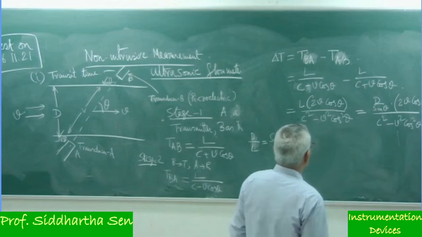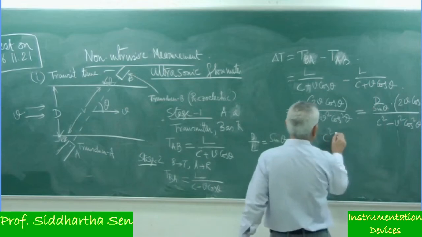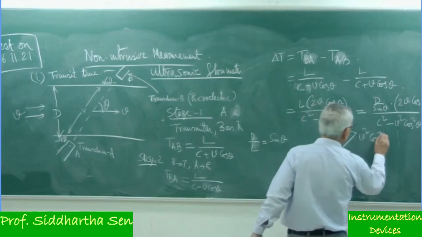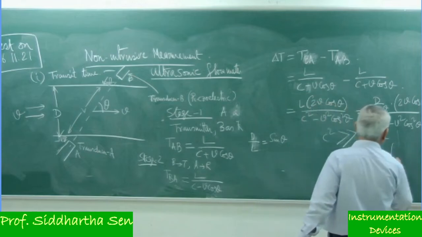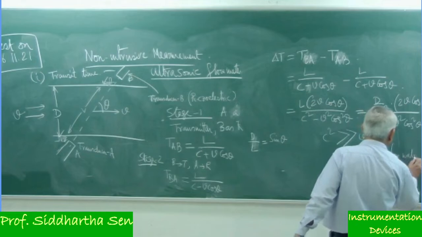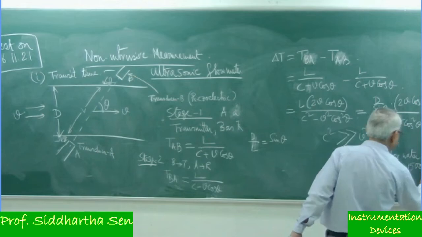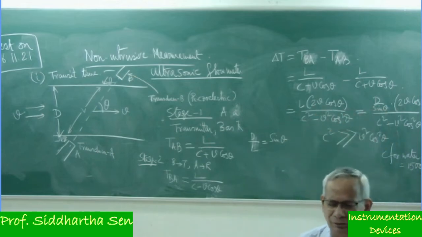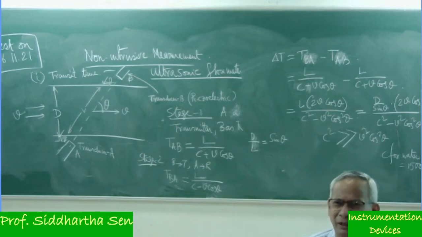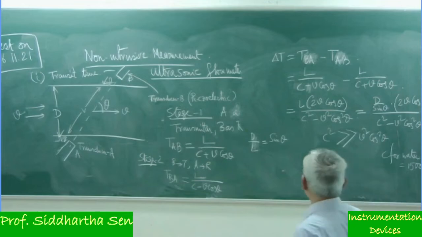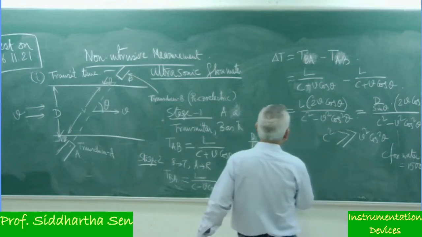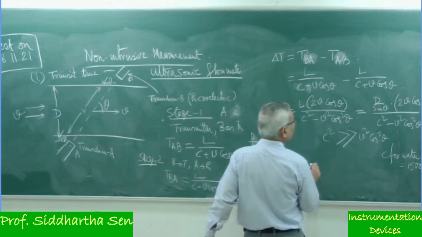And we know that c square is much higher than v square cos square theta, because c for water is approximately 1500 meter per second. It is quite high, whereas we are trying to measure 1 or 2 or 10 meter per second or like this. So I can safely do some approximation.